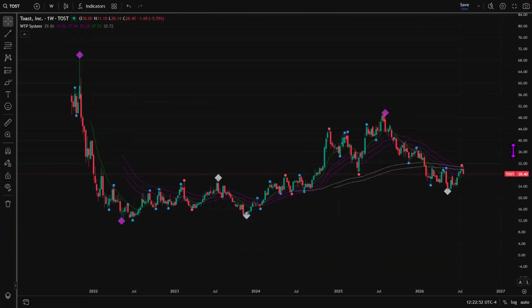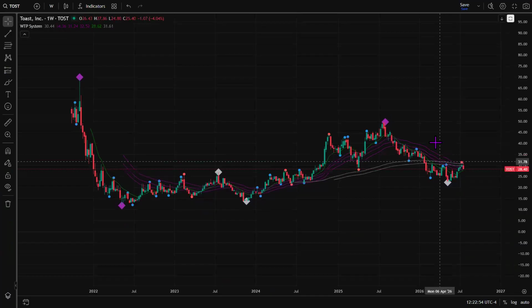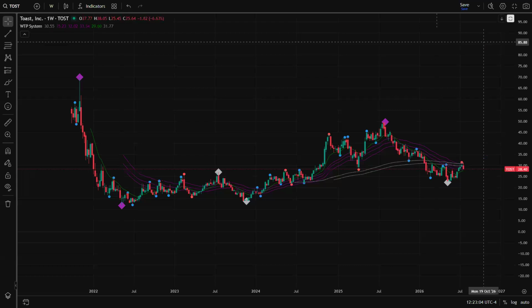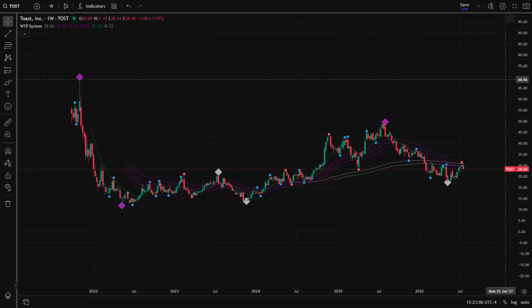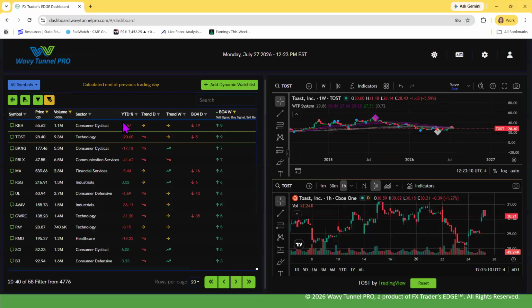Look at how the wave is almost below the tunnel. This pattern looked really nice, but now I see that we probably have to leave this one. The wave looks like it's going to cross down below the tunnel, so I'm not putting this on the watch list.